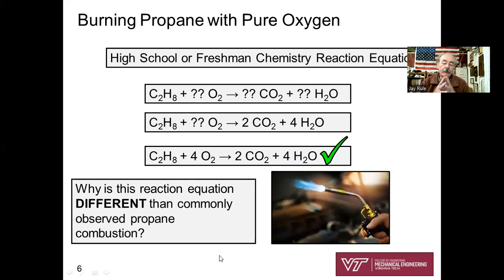Now, you say, well, that's real nice and that's really pretty easy. But what makes this reaction equation different than what we observed here in the real world just a minute ago? Well, we know that what's different is we're not burning what's going into these holes. The oxidant is more than pure oxygen, isn't it? It's air around the surroundings.